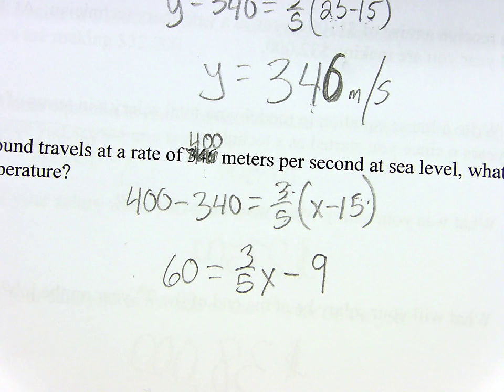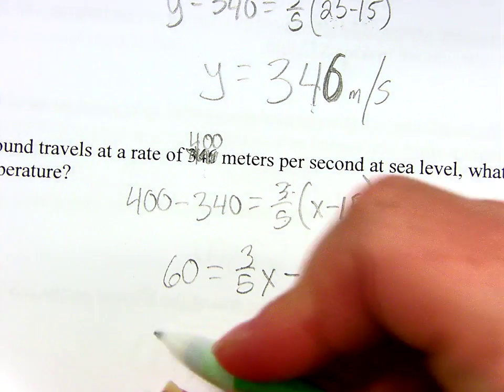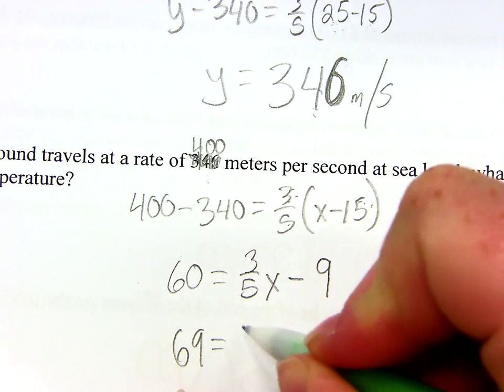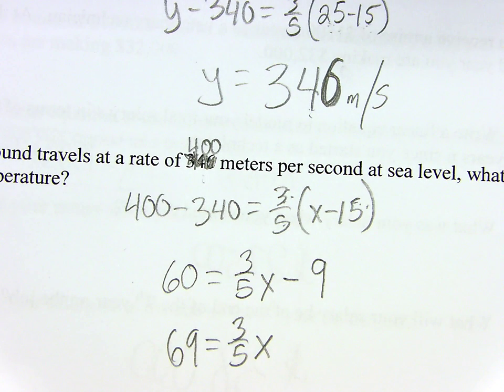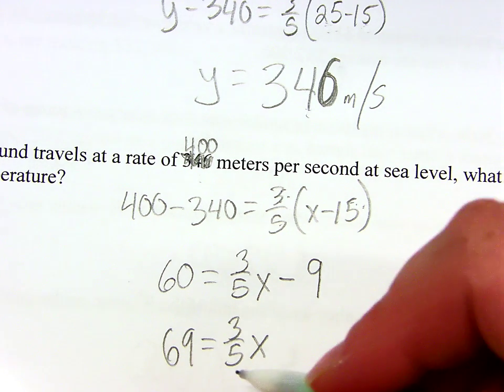And now what are you going to do to solve for x? Add the 9. And now what? You got to get x all by itself. What am I going to do? You have 2 options here. What were you saying? Divide by.